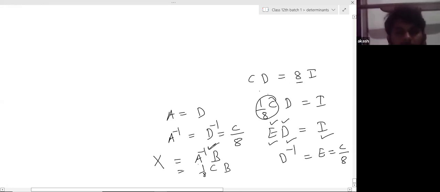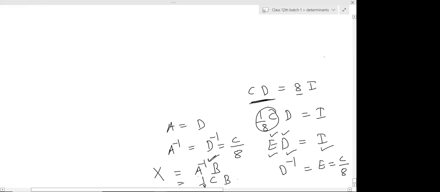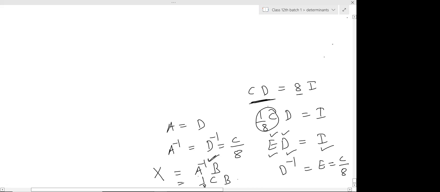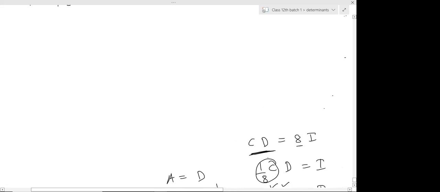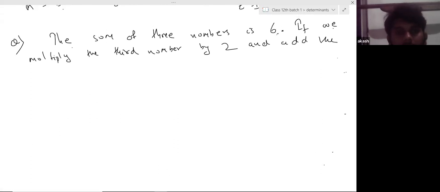You can use this relation, multiplication of two matrices, to find the inverse. Solve the equation and find the final answer.